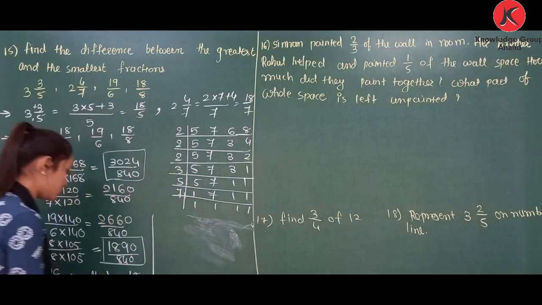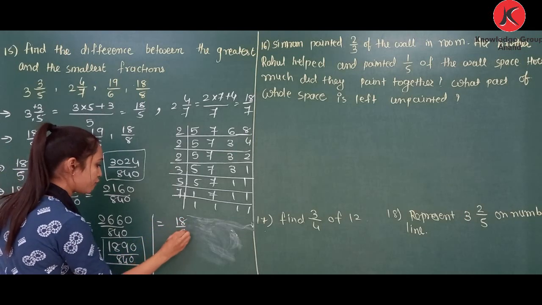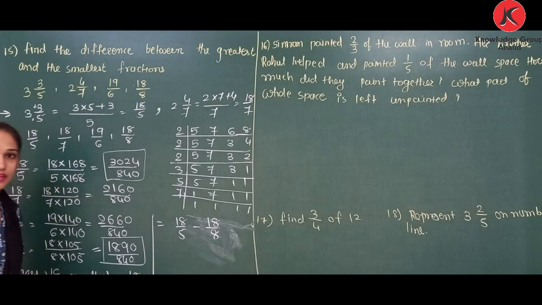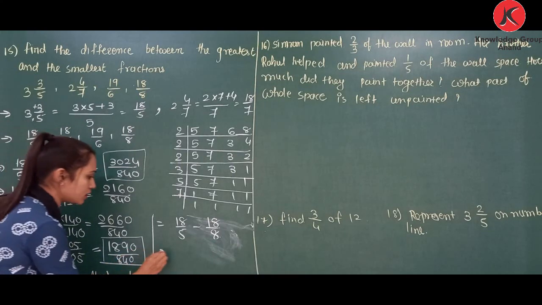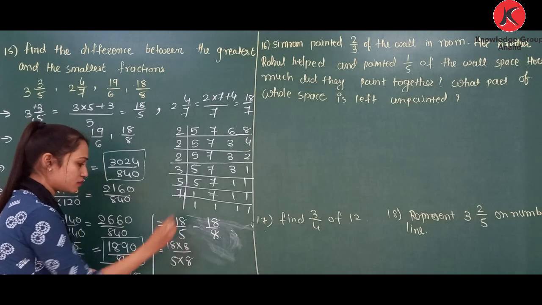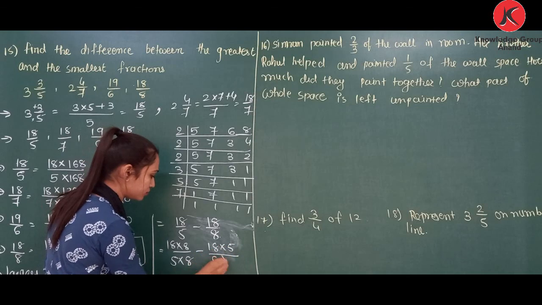So here we need to perform the subtraction of these two. 18 by 5 minus 18 by 8. LCM of 8 and 5 is 40. So here 5 needs to multiply with 8. The same, 18 is multiplied with 8, and 18 is multiplied with 5.